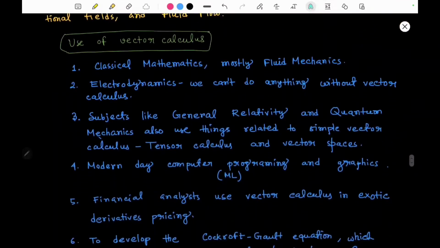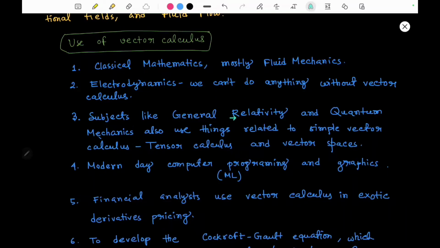Now we can know some uses of vector calculus so that we can get interested in why we are learning it. First is classical mathematics, mostly fluid mechanics, where vector calculus is used. Also electrodynamics, we can't do anything without vector calculus.